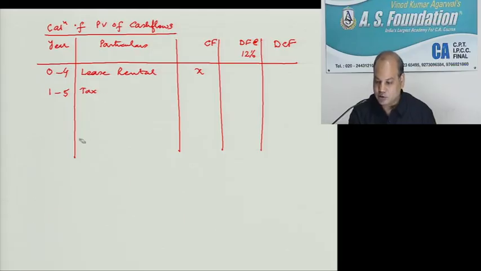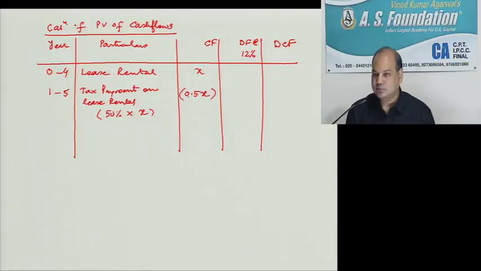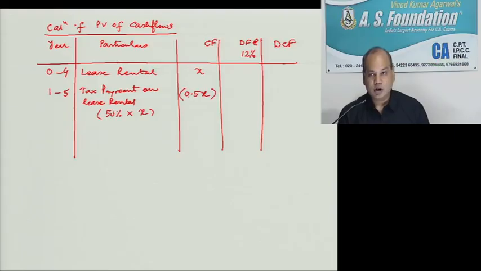You are a lessor, so you will pay tax on lease rental. What is the tax rate? 50% into X, 0.5X in bracket. Outflow. Tax payment is an outflow. One more line, right? What is that?